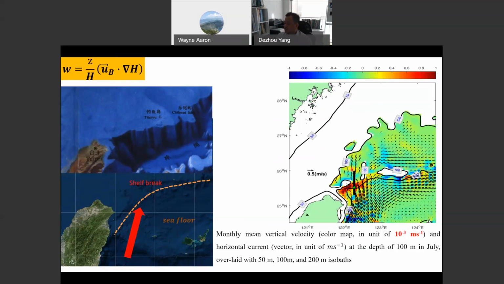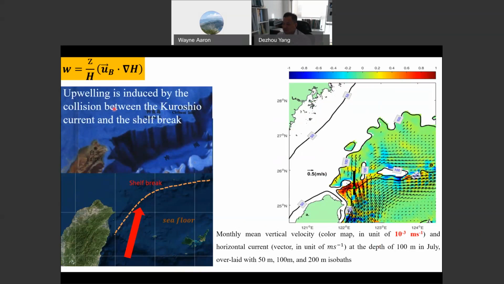The left panel shows the vertical velocity from a numerical model at the depth of 100 meters. You can find there's a very strong upwelling near the shelf break. This upwelling is induced by the collision between the Kuroshio current and the shelf break.